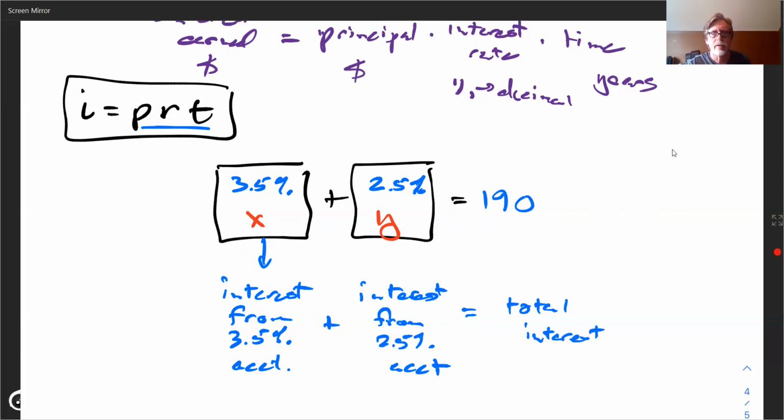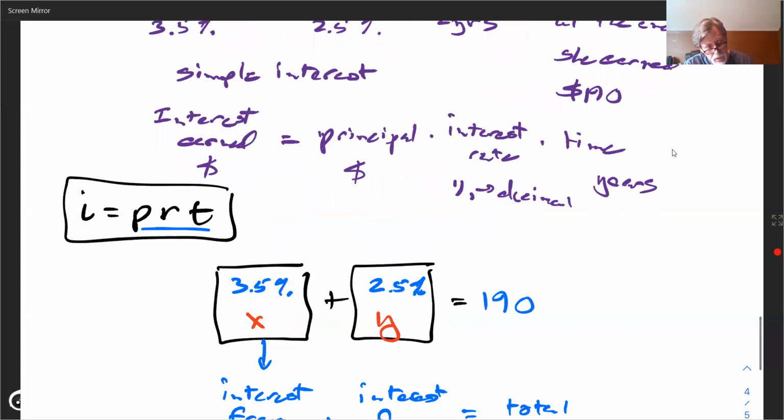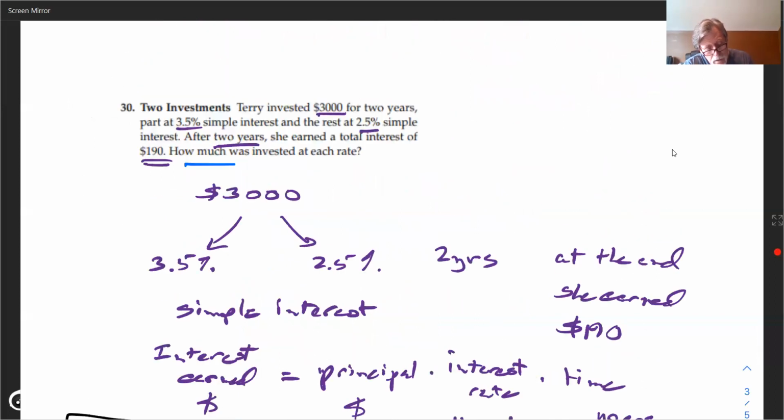That makes sense. After 2 years, how much did I earn in this account plus how much did I earn in this account? That's the total interest. That's what they're asking us to figure out. So the question on the problem says this: how much was invested at each rate?